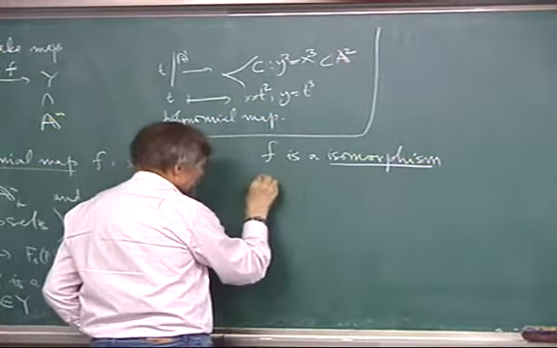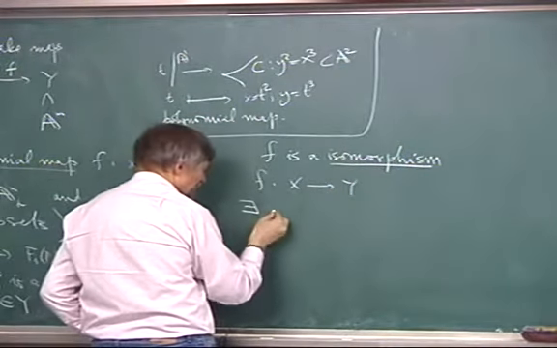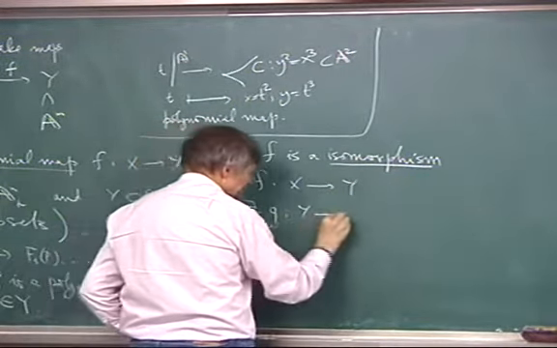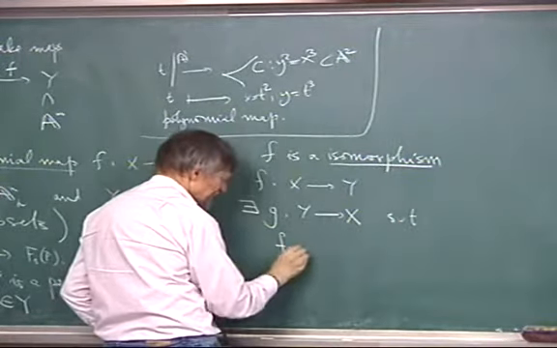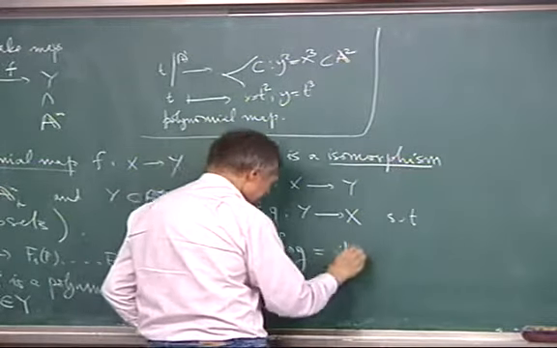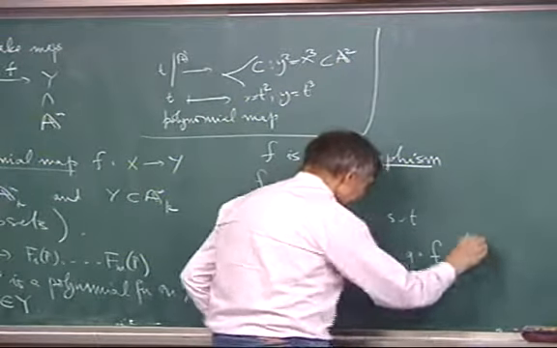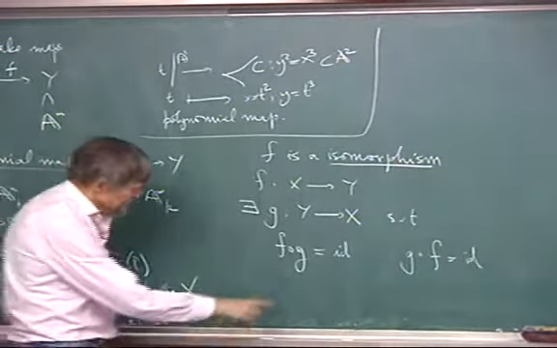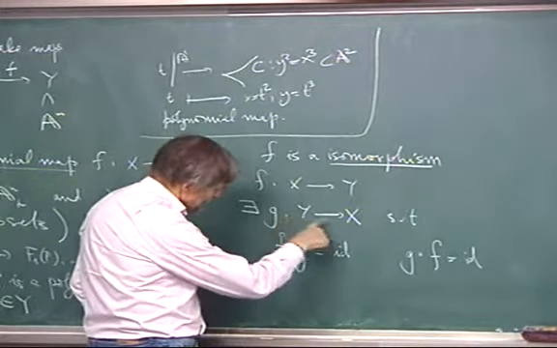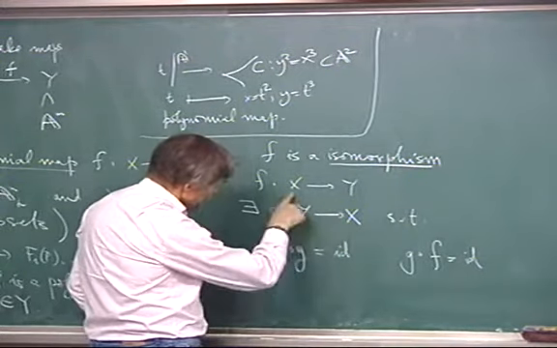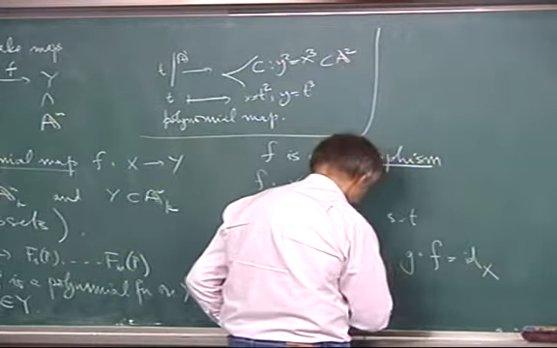F is going from X to Y, and there exists a G going from Y to X, such that F composed with G is the identity, and G composed with F is the identity. You only have to think about what this means. F composed with G is the map G, Y to X, and then followed by F, X to Y. So this is the identity of Y, and this is the identity of X.